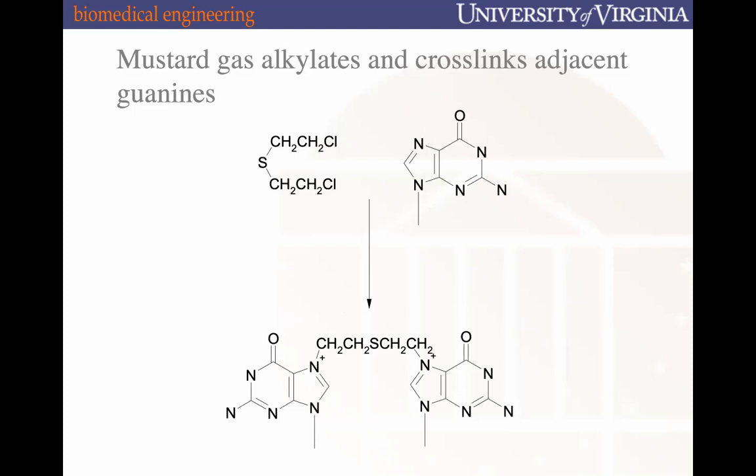And so these alkyl chains will lose their chloride ions, bind to the nitrogens on guanine, and will actually create a cross-link between guanines that it can physically interact with.